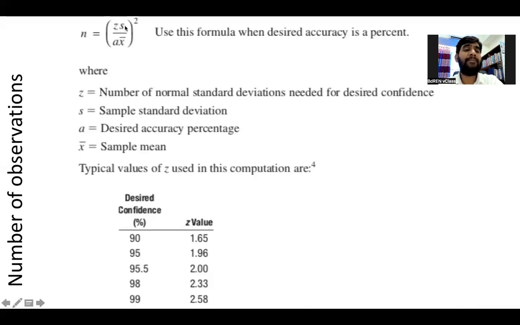You are sure that 90% perfectly the job will be done, and we can know the number of observations you will take.